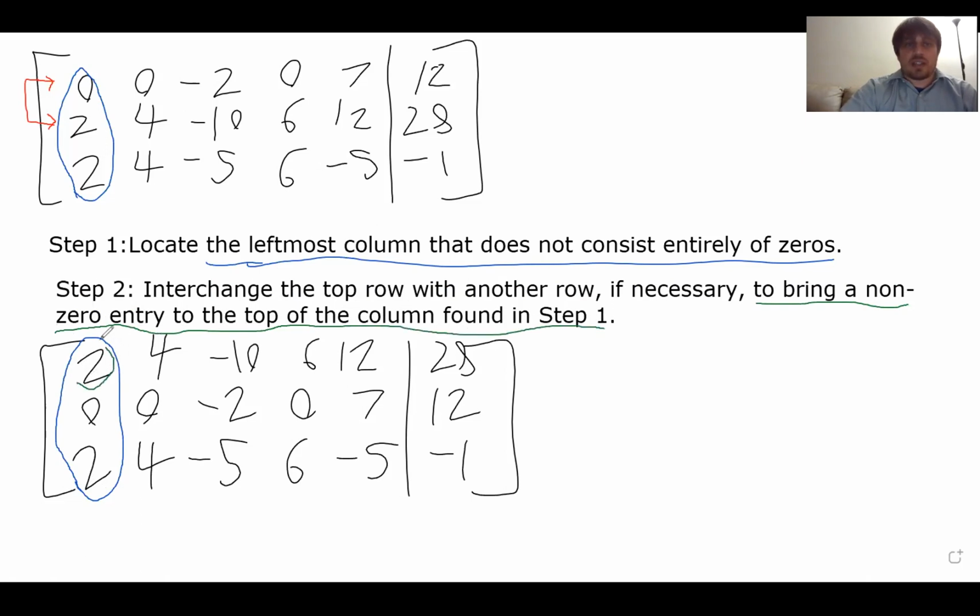Again, step 1 was the leftmost non-zero column. And then step 2, you switch rows so that the top entry is a non-zero entry, if you have to. If it's already non-zero, you just skip step 2. It's already done.